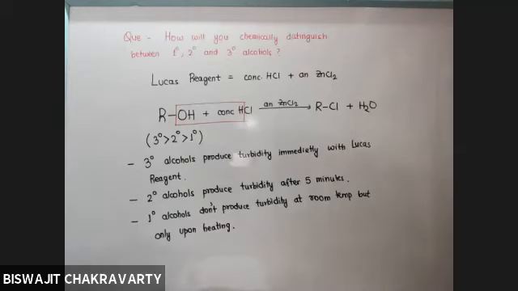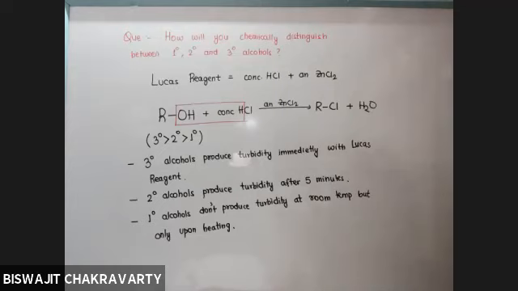Again, I am asking, why specifically is the Lucas test taken as the test for distinction? Why not other reactions so far discussed? Because we can see from observation. किस तरह का observation यहाँ पर देखने को मिल रहा है? So turbidity, unclear solution.